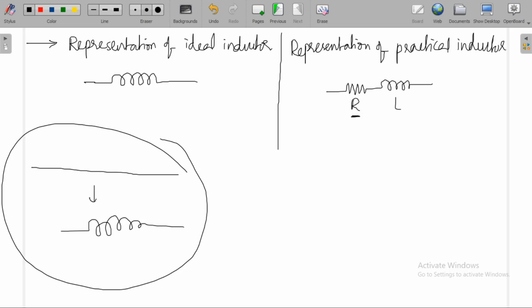It has some resistance equal to the resistance of the wire used to wind the coil. You can represent the inductor like this, including the inductance and the resistance of this coil. This resistance represents the resistance of this coil. So, this is the representation of a practical inductor.